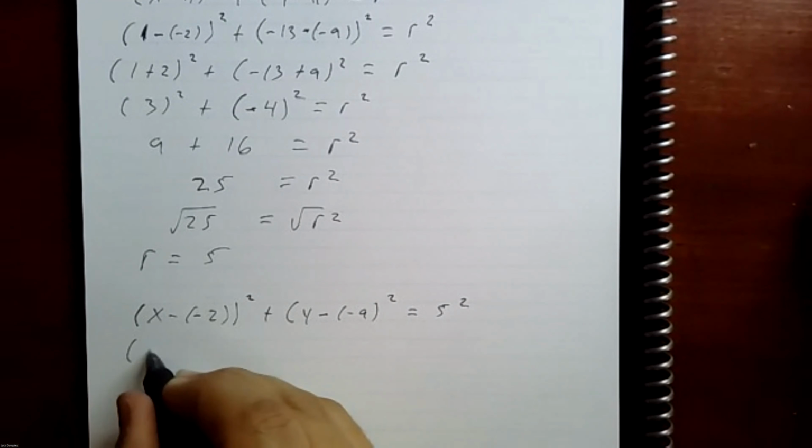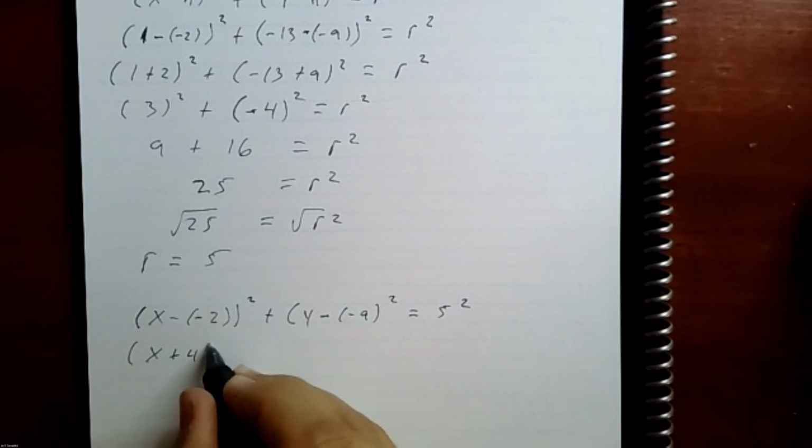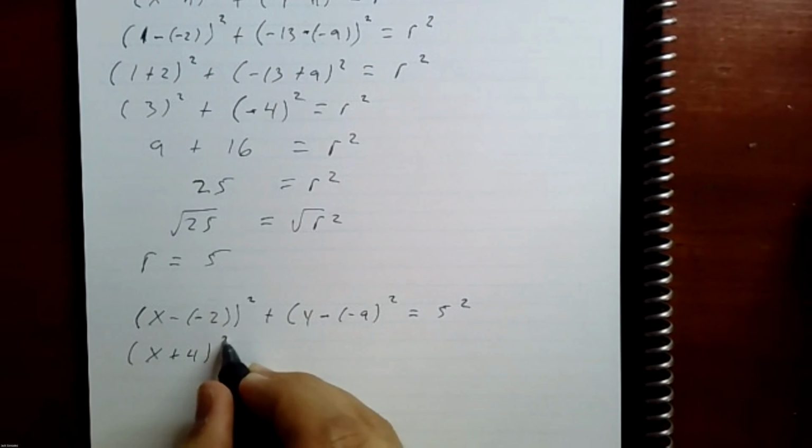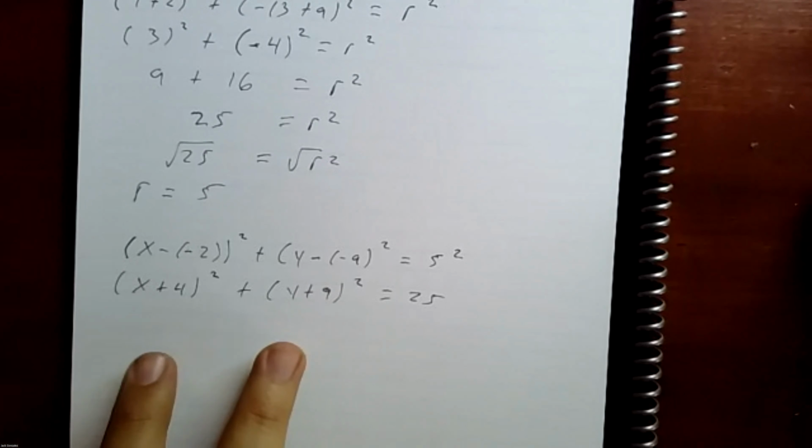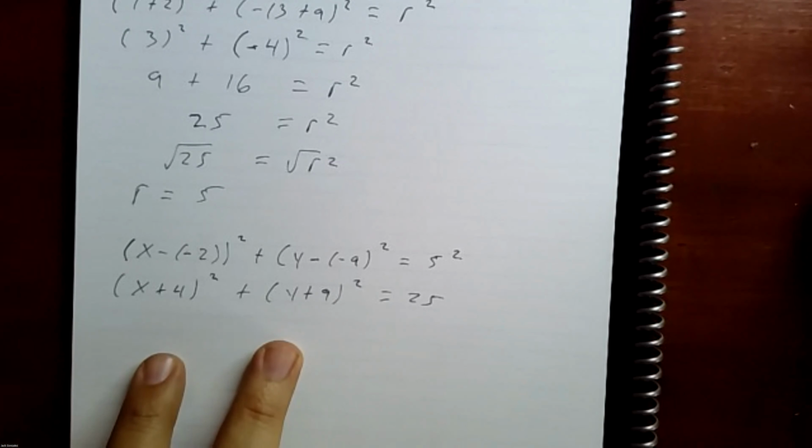So the answer will be x plus 4 plus y plus 9 equal to 25. So this would be the circle equation that has a point here, has this, and has this center. Has this as a solution. So now if you were to plug this in, now that we have the equation here, you would get equality, which shows and proves that it is a solution.